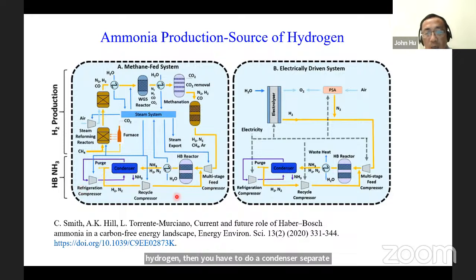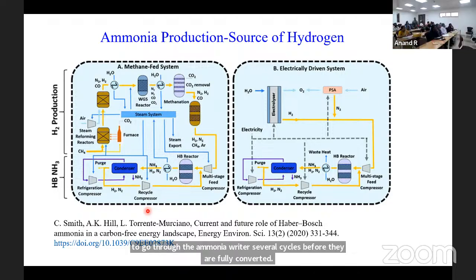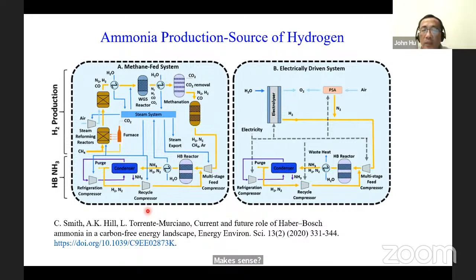So you have a second pass. Essentially, hydrogen and nitrogen have to go through the ammonia reactor several cycles before they are fully converted. Make sense? Anybody has any question, just raise your hand. If you don't understand the left-hand side of the Haber-Bosch plant.